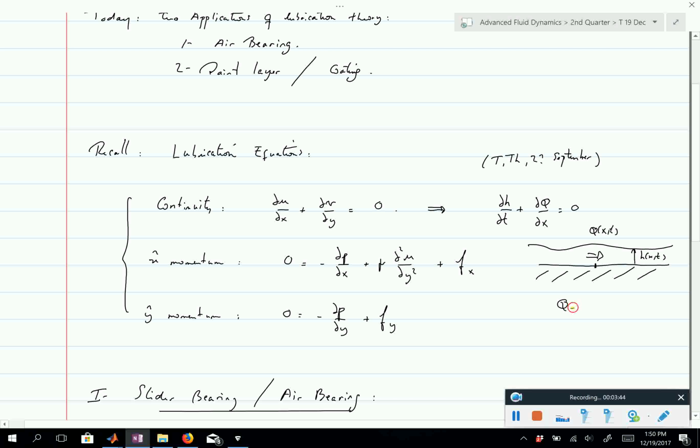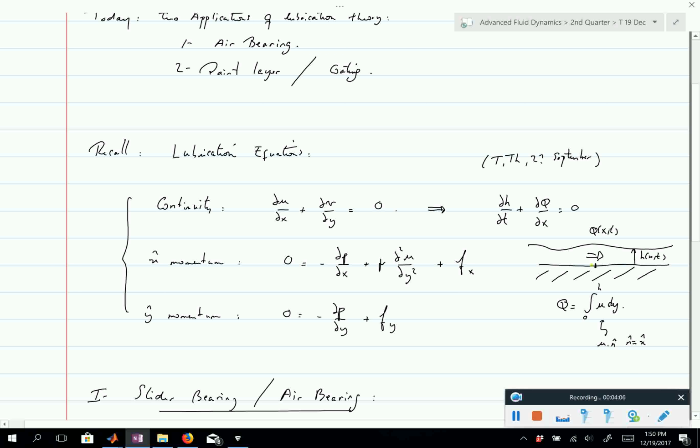And Q would be the integral from 0 to h of essentially u dy, right? This u here is u dot n, where n is a normal pointing in the x direction.